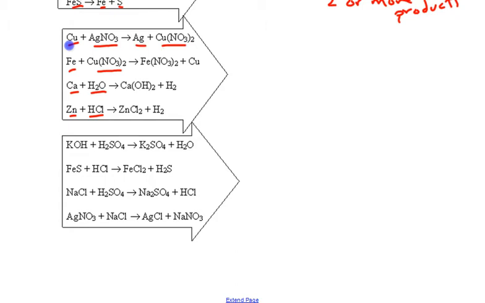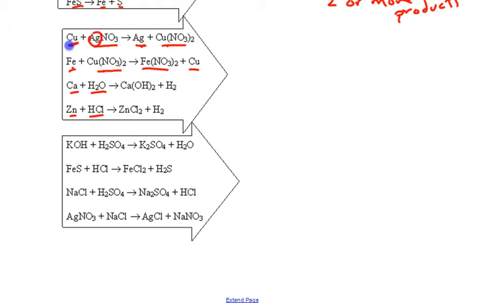Here we have silver as the element on the product side. We started with copper as the element on the reactant side, and what has happened is the copper has taken the place of the silver in the silver nitrate. So the key thing to look for, element, compound, element, compound.